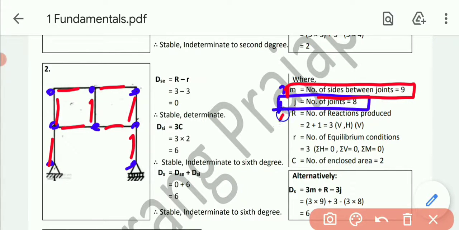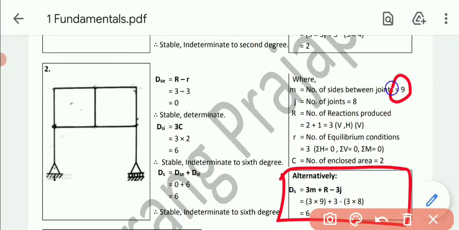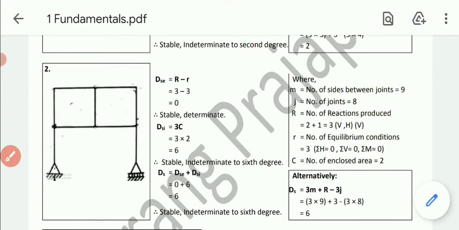And we have already calculated R, that is 3. So alternatively 3M plus capital R minus 3J, M is 9, 3 times 9 plus R, that is 3, minus 3 times J, that is 8. So 3 into 9 is 27, plus 3 is 30, minus 3 into 8, that is 24, 30 minus 24, the answer comes 6. So ultimately we have got the same answer over here also.